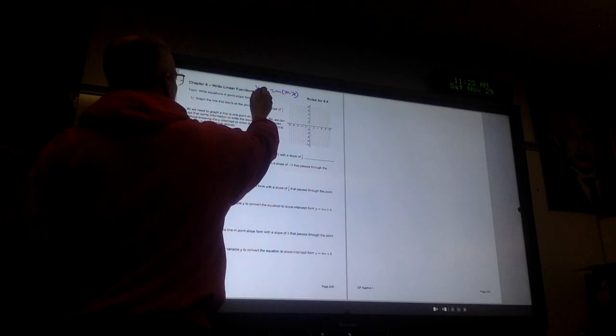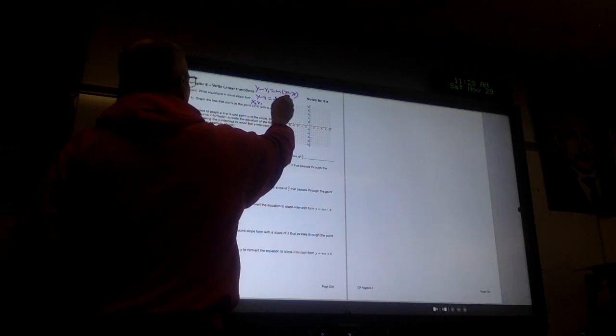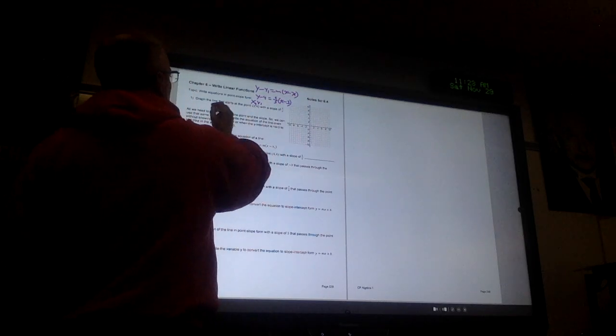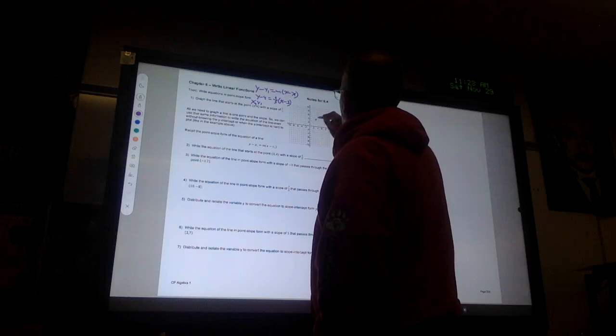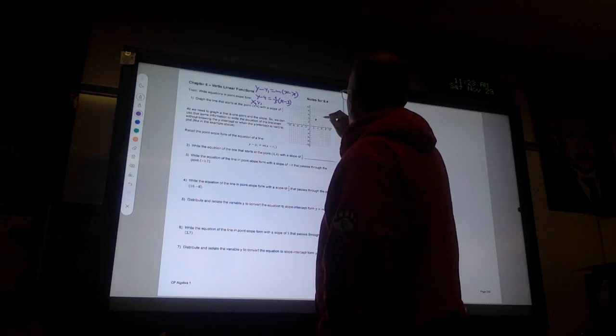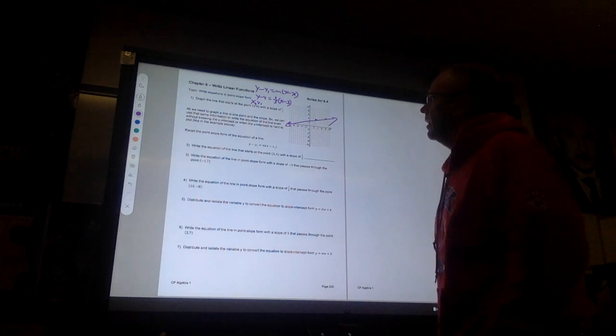So we're going to plug in y minus 4 equals 1/5 times x minus 3. So that's our equation. So we have the point 3 comma 4, which is right here. I'm going to go up 1, right 5, which is over here. That's what our line looks like.